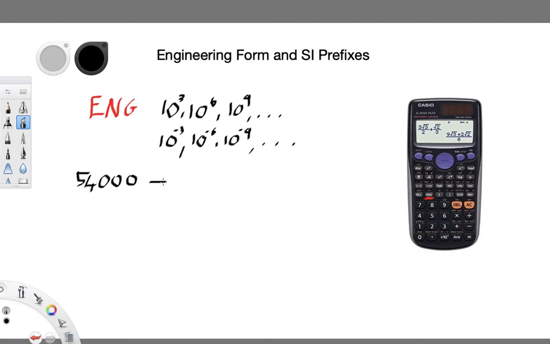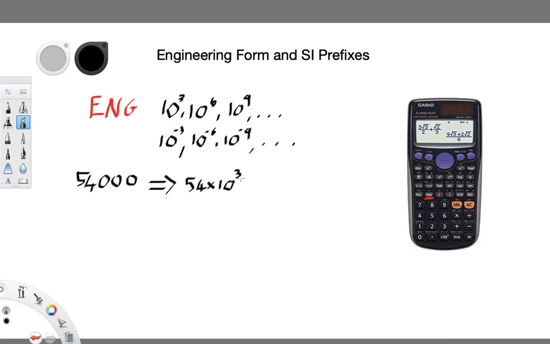If we then press the ENG button, it should pop out an answer which is 54 times 10 to the power of 3. As we can see, it's brought out a number which is a multiple of 3 as the power.